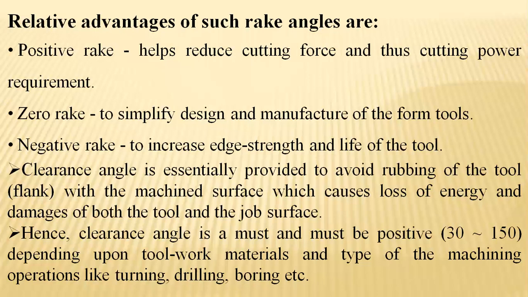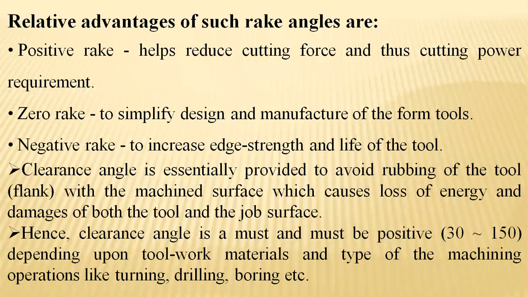Hence this clearance angle must and should be provided in a positive orientation in the range of 3 to 15 degrees. That will depend on the tool and work materials, depending upon the type of materials that we are utilizing.